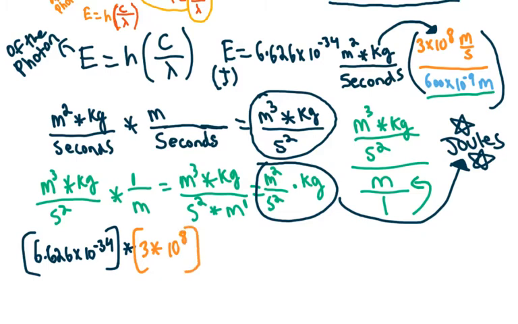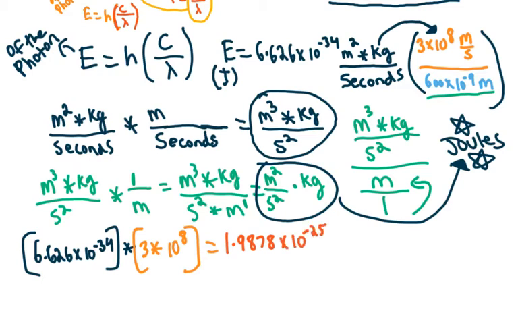Let's go ahead and calculate that first. If you calculate that out, you're going to get about 1.9878 times 10 to the negative 25th.